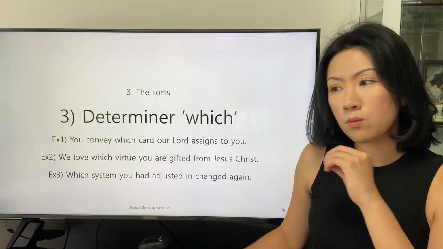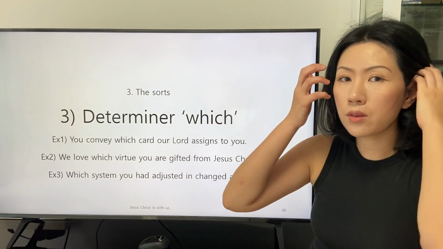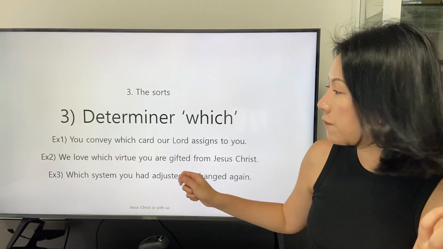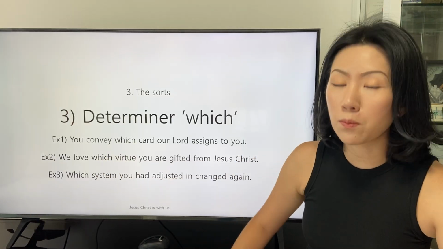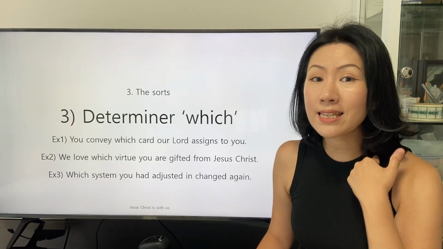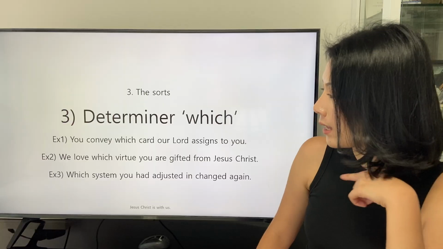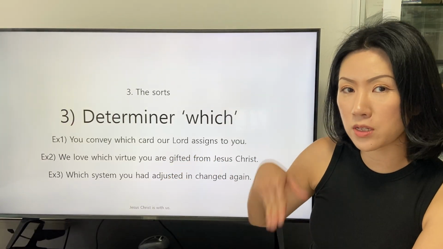And then we can think of the role of the direct object: which virtue is the direct object in the statement stated in the active voice of the speaker, and in the subordinate clause it is stated in the passive voice of the speaker.